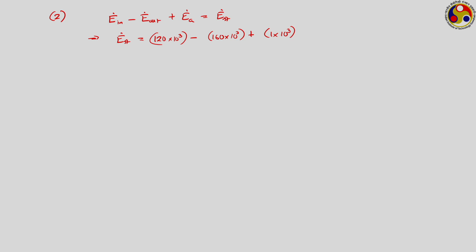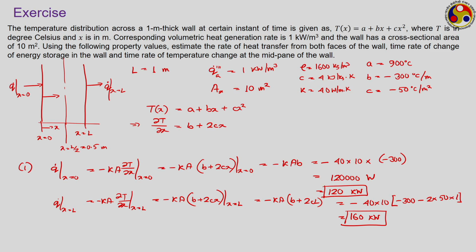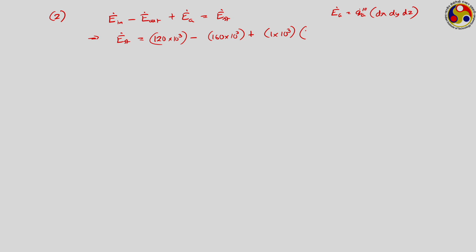You have to multiply this by the volume, because we know that E dot g is equal to q dot g triple prime into dx dy dz. So how much is the volume? Here we are talking about a wall with a thickness of 1 meter, and the area of each of the faces is equal to 10 meter square. So this is nothing but 1 into 10. So what are we getting?